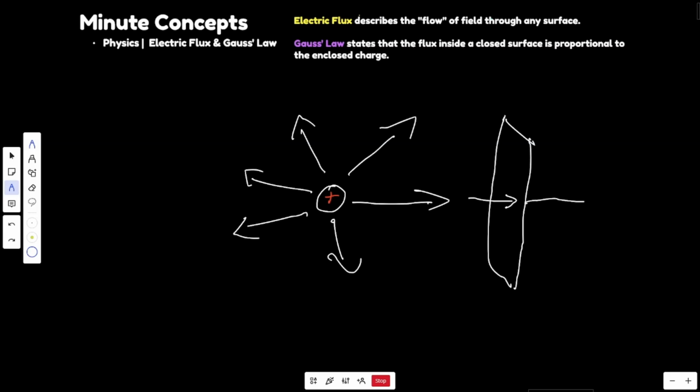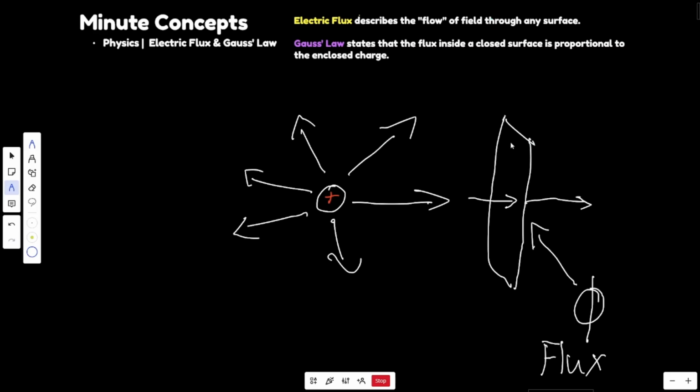Comes out here. Now, the quote-unquote amount of field that passes through a surface, that is what we call the flux. So this is flux. And it's actually in the dictionary as well, a similar definition, basically the flow of something. So this is the flow of field through any surface.